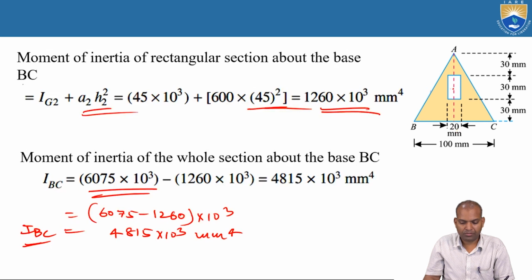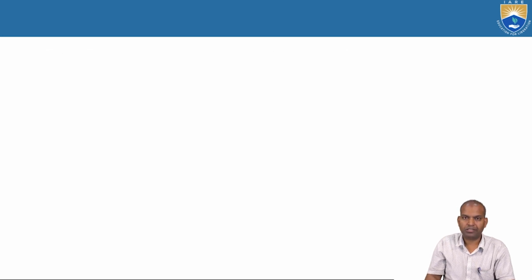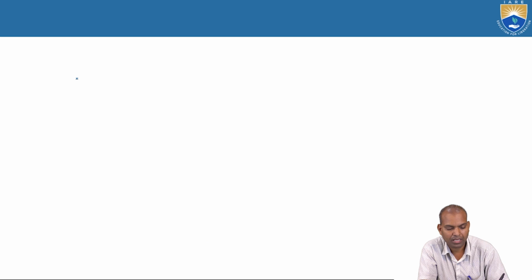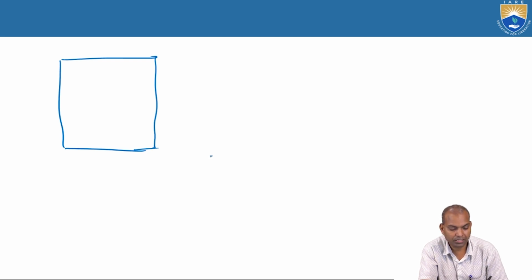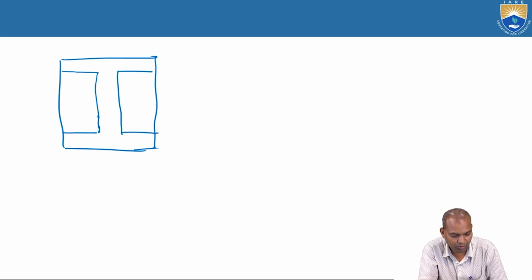So there are many things we can solve, not only these problems, triangular section, rectangular section. We can also solve, suppose there is a rectangular section, and if you subtract another 2 rectangles, then the I section will be obtained. This is the I section. The hatched portion is the I section. So it is a rectangular portion, the total rectangular portion is 1.